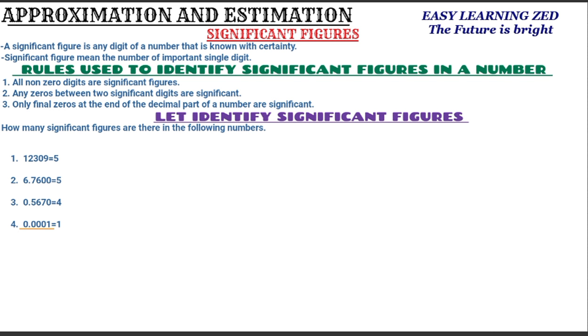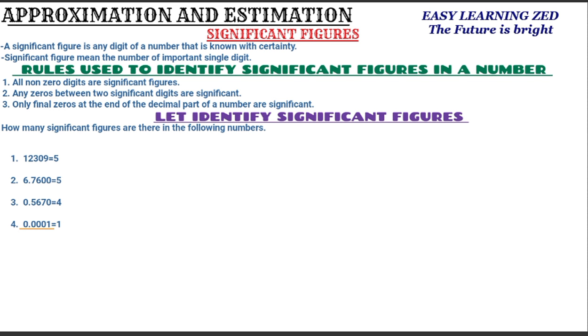The zeros in front of 1 are not significant, because the third rule says only zeros at the end of the decimal part of a number are significant. So on number 4, the zeros coming immediately after the decimal point are not significant according to that rule, because that rule only qualifies zeros which are at the end of the decimal part.